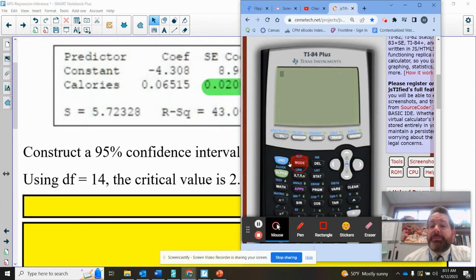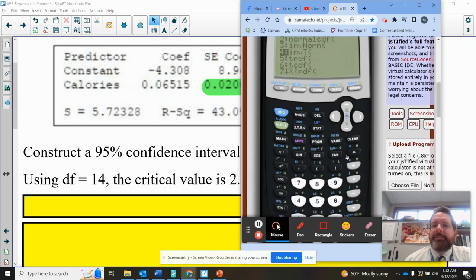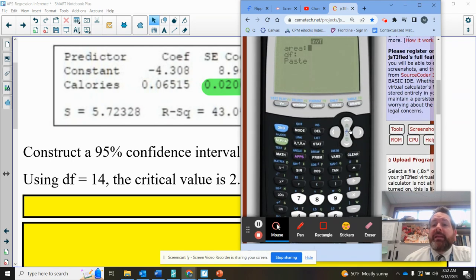You can get this same number from your calculator if you prefer. You would just do an inverse t. So I want my distribution menu, second bars, inverse t. And then put in the area to the left of your cut. Here's where it gets a little tricky. If we got a 95% confidence interval, that means that that extra 5% gets divided amongst the two tails. So that's 2.5% on the high end, 2.5% on the low end.